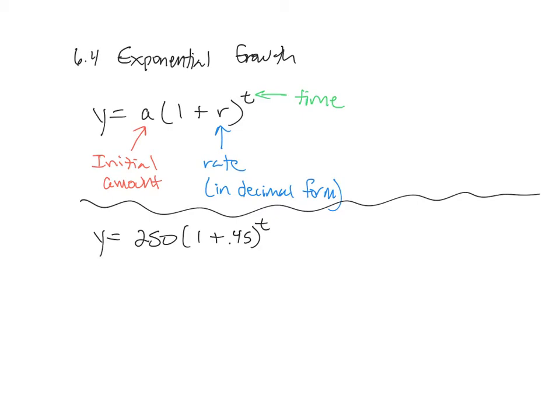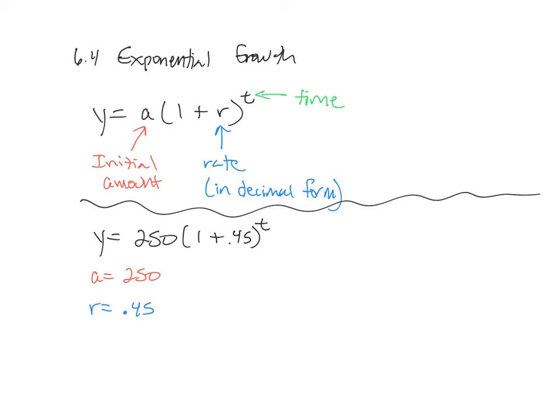Okay, so it's going to say what's the initial amount. So the initial amount is 250, really simple. And then it wants to know the rate. Right now we have 0.45. It says it's in decimal form, but in the directions it's going to say what is the rate as a percent.